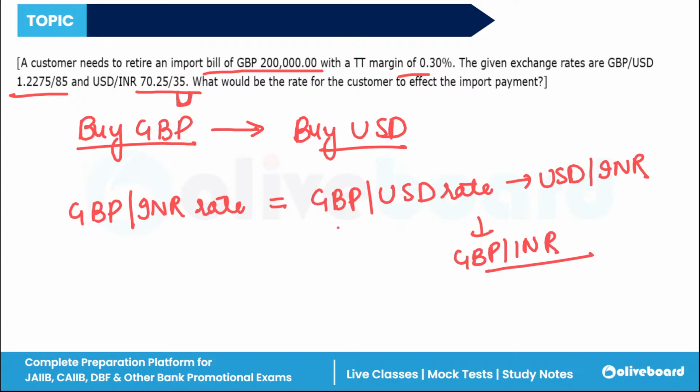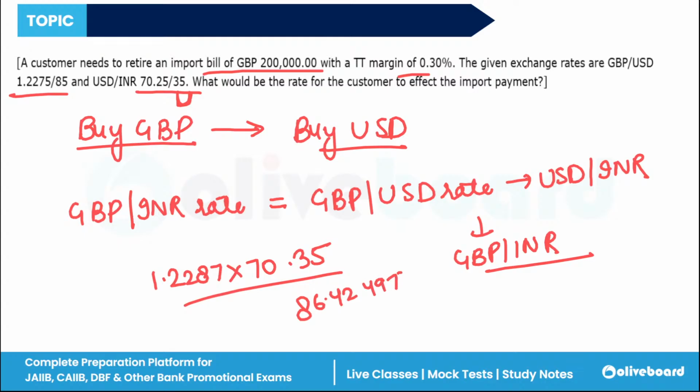So simply 1.2285 is multiplied by 70.35, and with this we get 86.424975. Now we can add the margin here, which is 0.30%, and when we calculate 0.30% of this, we get 0.259275.